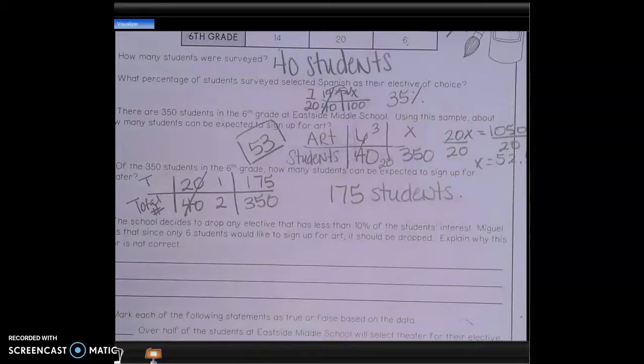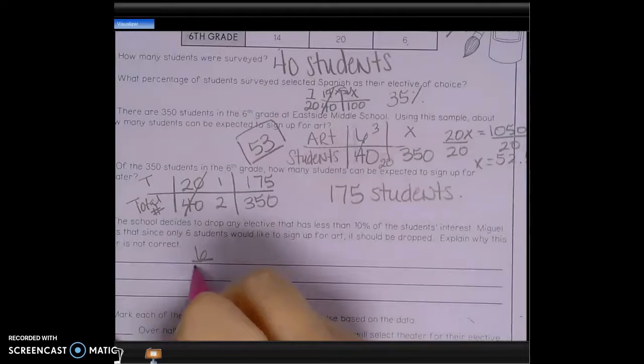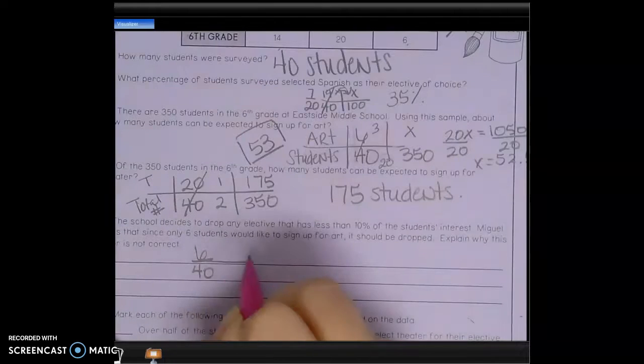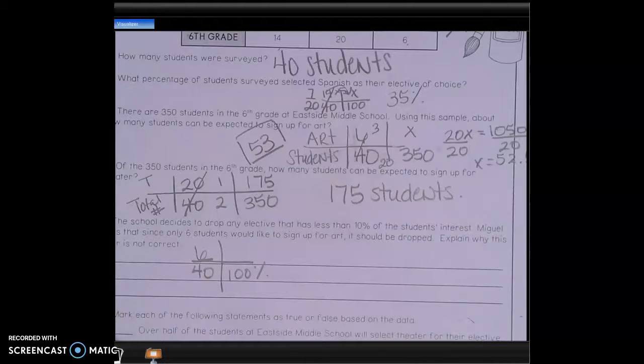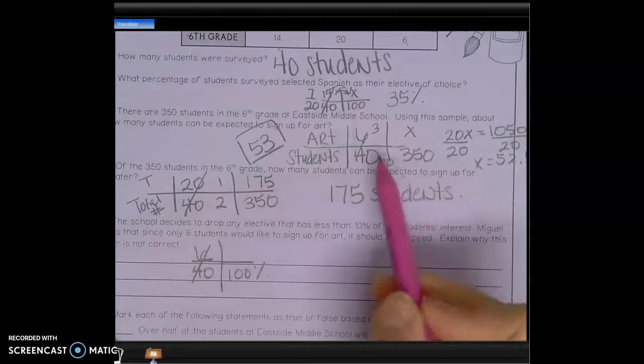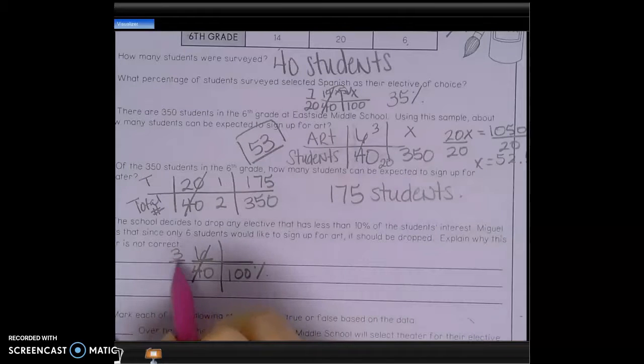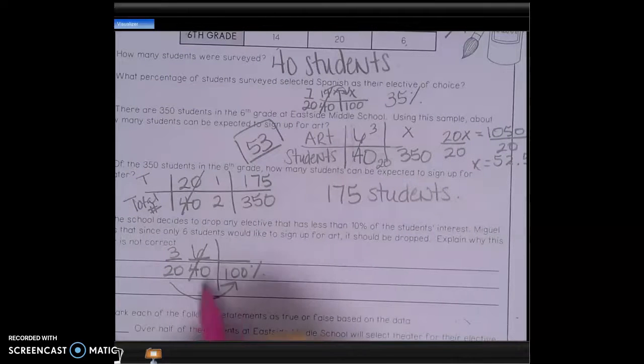The school decides to drop any elective that has less than 10% of the students' interest. Miguel says that only 6 students would like to sign up for art, and it should be dropped. Explain why this is or is not correct. Okay, so 6 out of 40. And if we want to know what percentage of students that is, 6 out of 40 is going to simplify, as we did earlier over here, to 3 out of 20. 20 times 5 would give you 100.